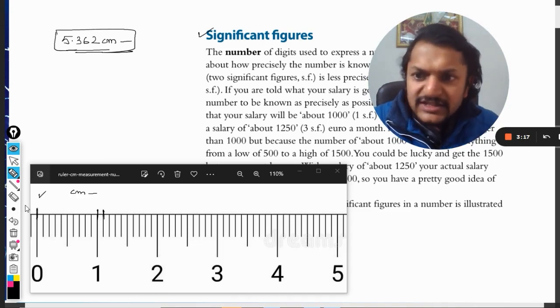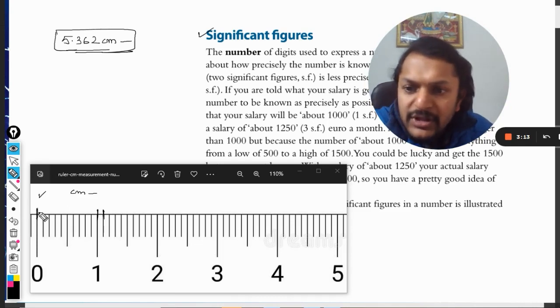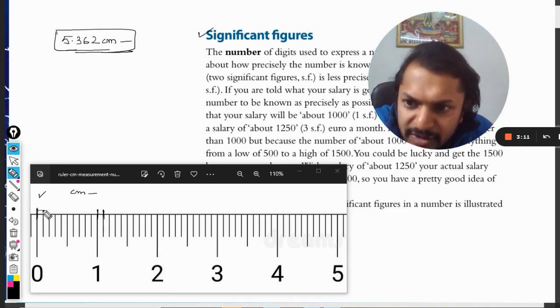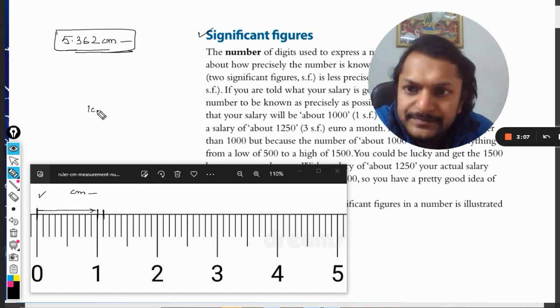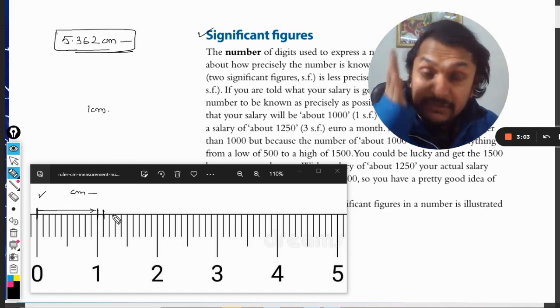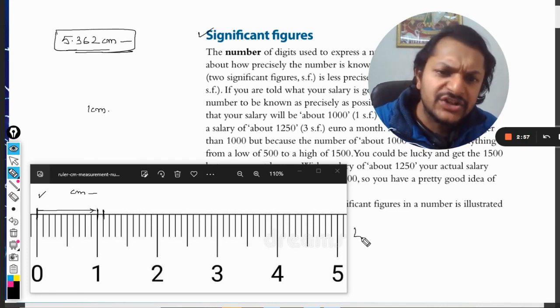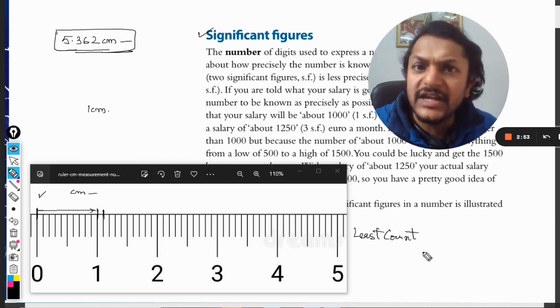In the centimeter scale that I have shown you, let us take one particular example. Let us say you measure something and the measurement comes out to be 1 centimeter. Now if I say it is exactly 1 centimeter, and the least count of my scale is 1 millimeter, least count is the minimum value that can be measured with the help of a scale.